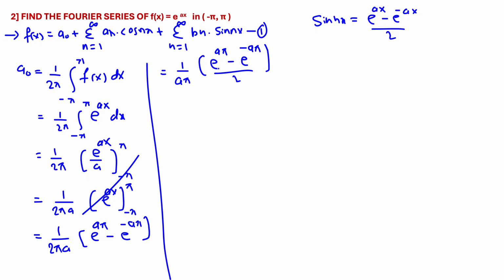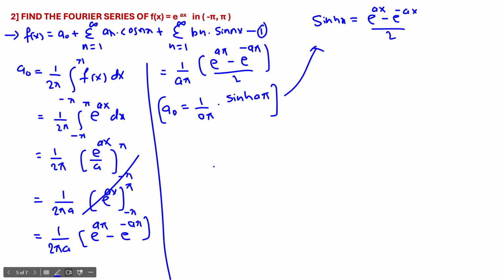So you can see here instead of x we have a pi, so I can directly write a0 is equal to 1 upon a pi into sinh a pi. I've just used this formula. Remember this, if a positive sign is there, that time you use the cosh formula, cosh a pi. So this is the value of a0 first.